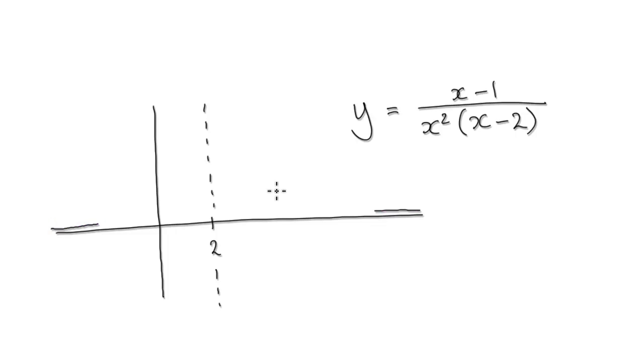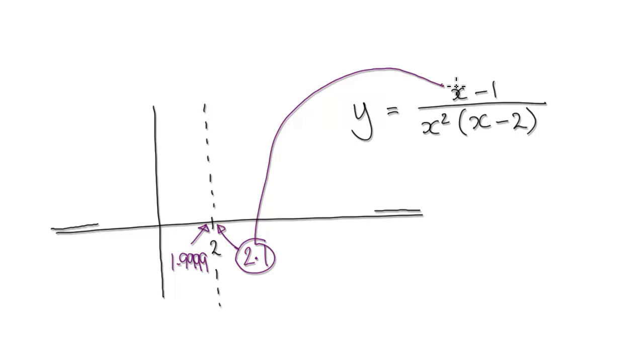Now let's investigate what happens when you head towards 2. So imagine it just to the right of 2, let's just imagine 2.1, and to the left, 1.999, really close to 2. So now if you put this into here, either side of 2, either 2.1 or 1.999, you take away 1, this thing here will always be positive.